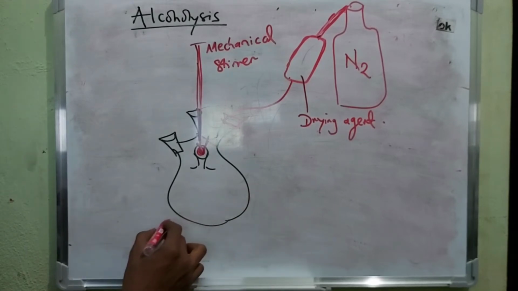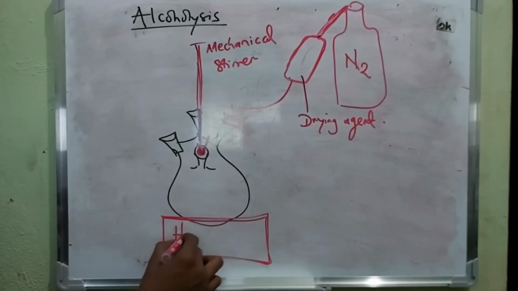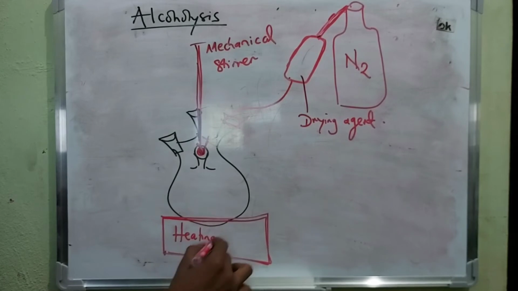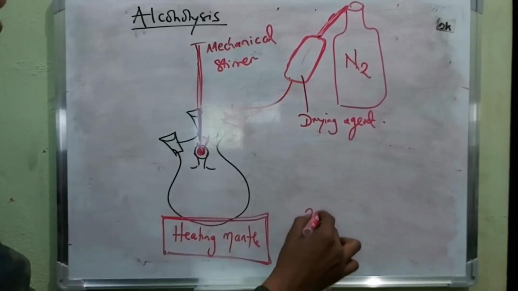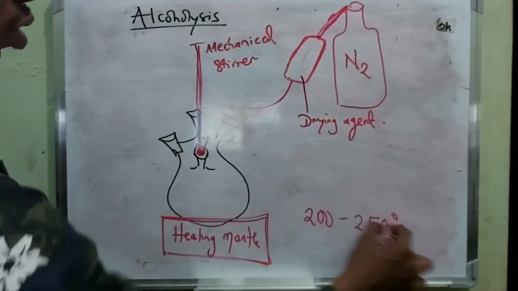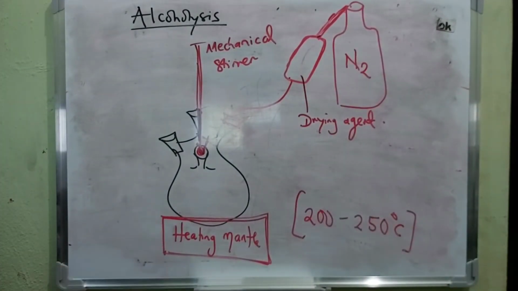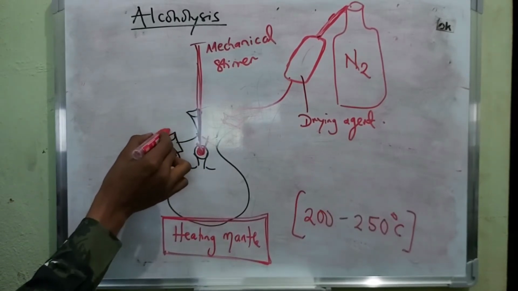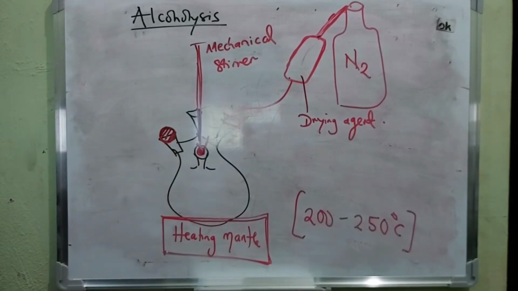And this round bottom flask is fitted with a heating mantle. The temperature required for this heating mantle is from 200 to 250 degrees Celsius. So this is the operating temperature of the heating mantle. Then we also need to have the other opening closed.